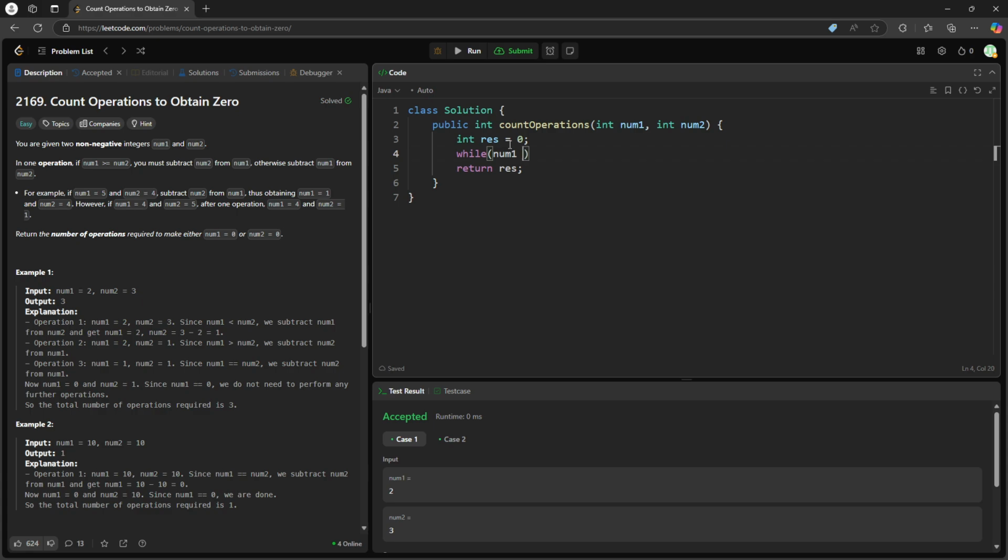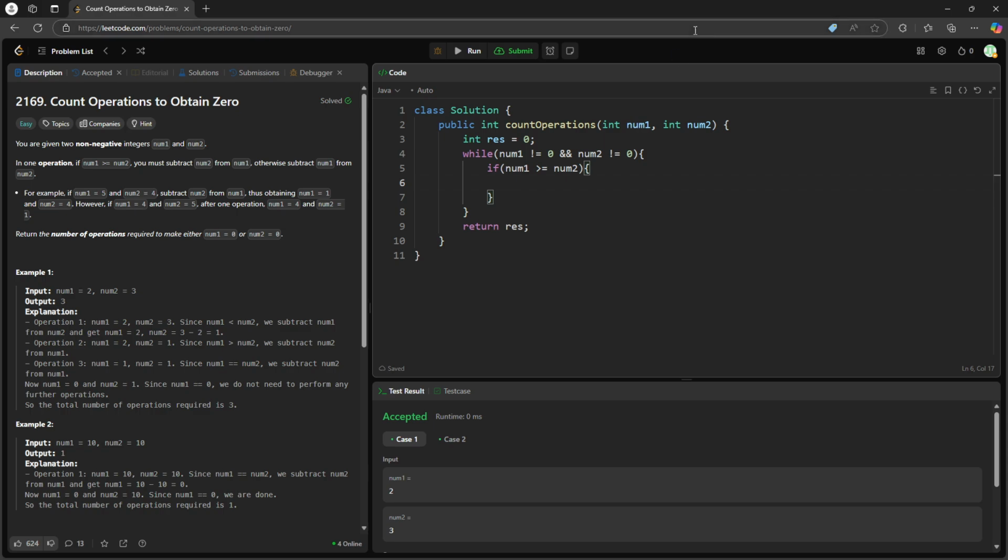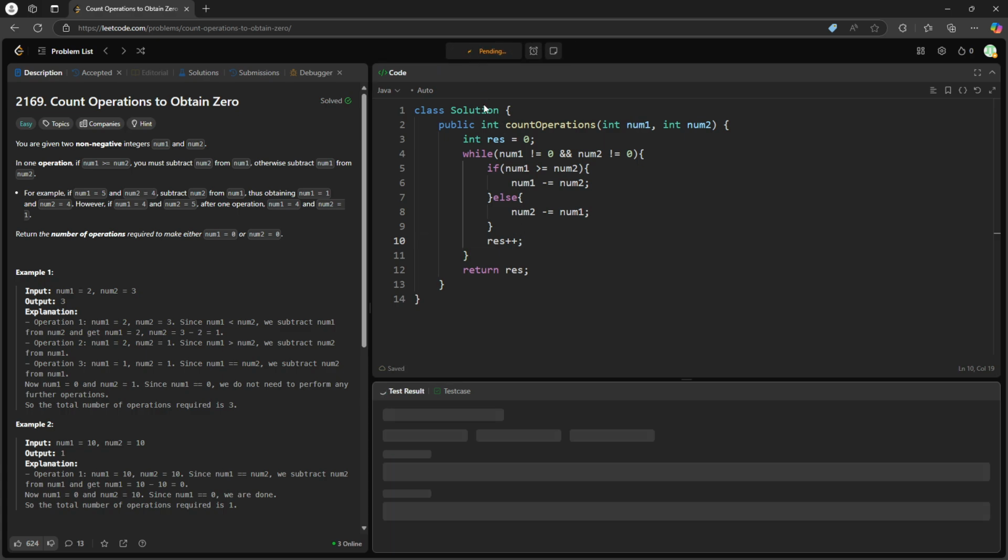While nums1 does not equal 0 and nums2 does not equal 0, if nums1 is greater than or equal to nums2, which satisfies the first condition, then you update nums1 minus equal to nums2. The other way around is nums2 minus equal to nums1. And then in each iteration, you increment the counter for the operation.